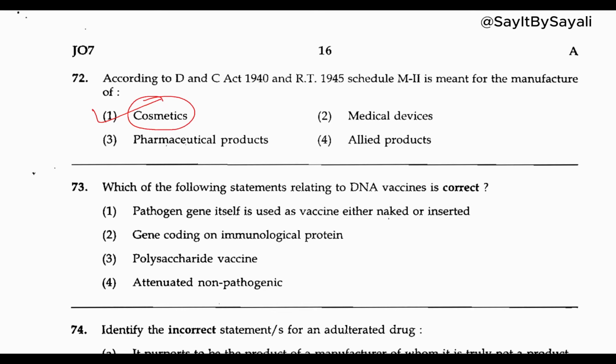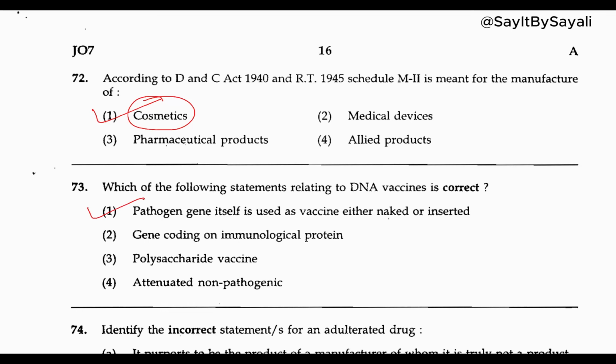Question number 73. Which of the following statements related to the DNA vaccine is correct? 1. Pathogen itself is used as a vaccine, either naked or inserted. 2. Gene coding an immunological protein. 3. Polysaccharide vaccine. And 4. Attenuated non-pathogenic. And the correct answer is 1.